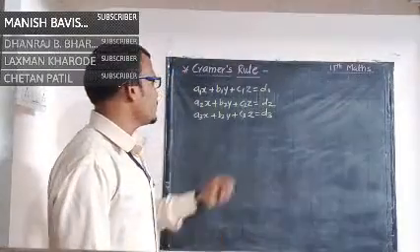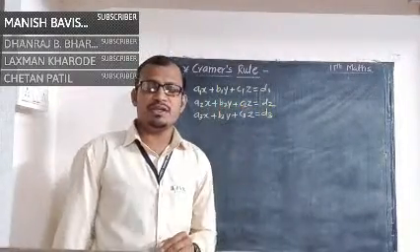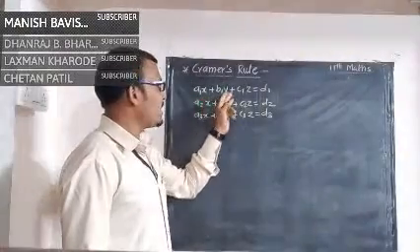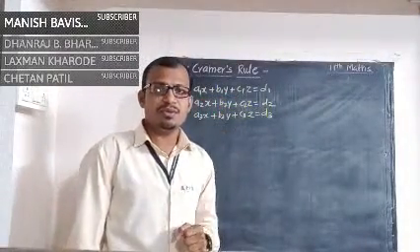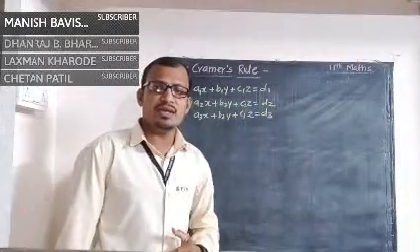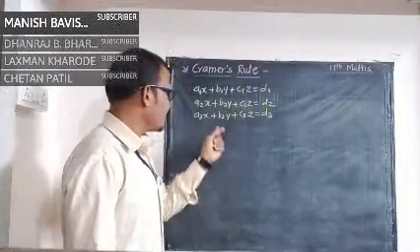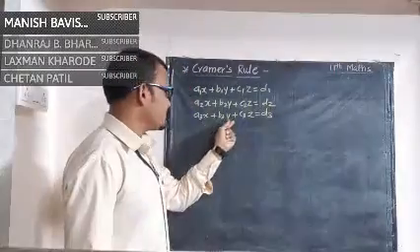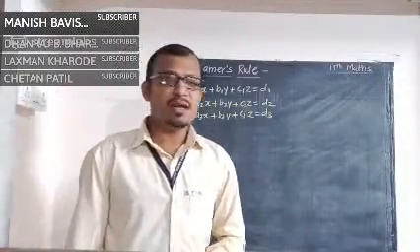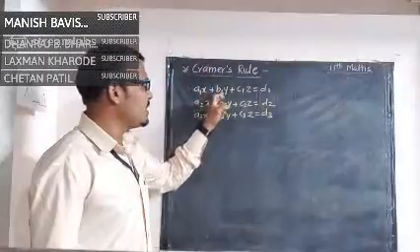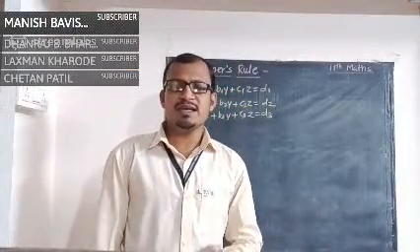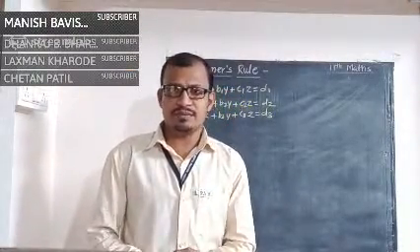Friends, suppose we are given some linear equations like a1x plus b1y plus c1z is equal to d1, a2x plus b2y plus c2z is equal to d2, and the third equation a3x plus b3y plus c3z is equal to d3, where all ai, bi, ci and di are constants, or you can say they are real numbers.